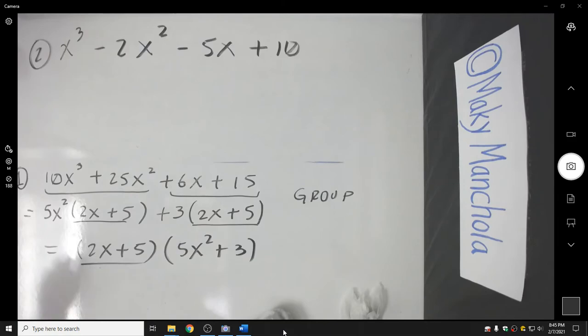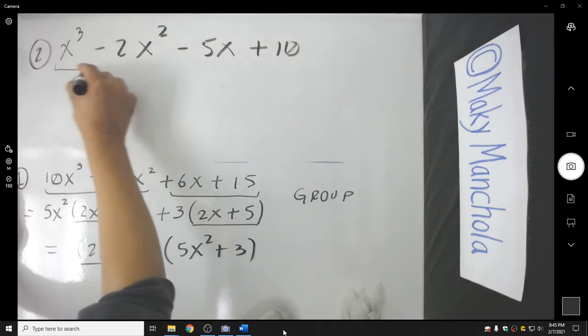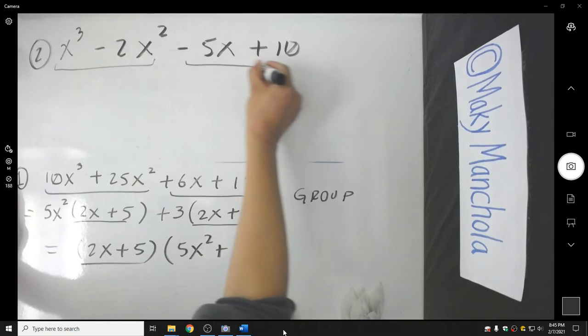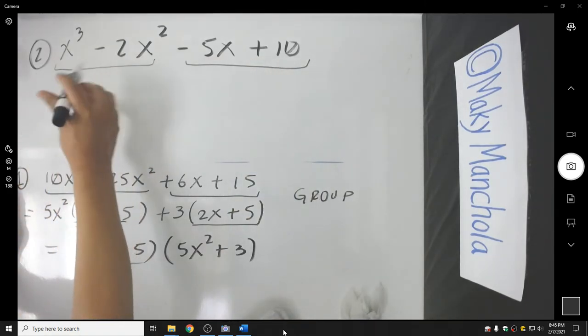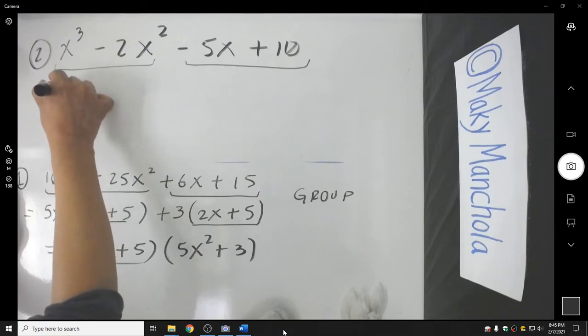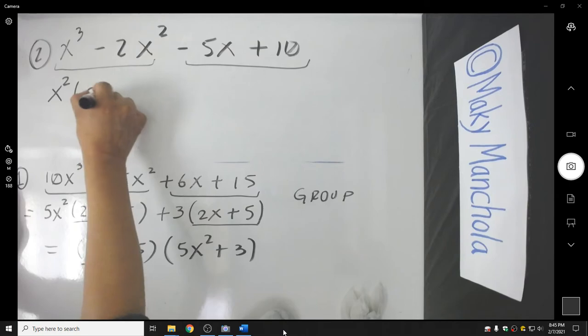Okay, so let's try it again. We're going to try factoring by grouping. Let's try grouping the first two terms and the last two terms. In our first group, we get to factor the greatest common factor, x squared, and we're left with x minus 2.